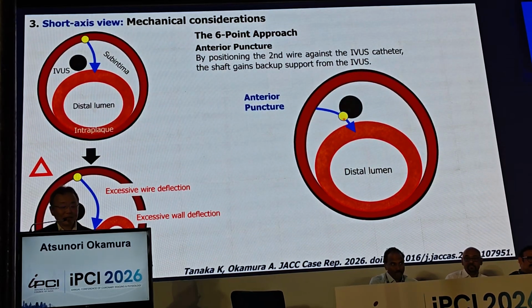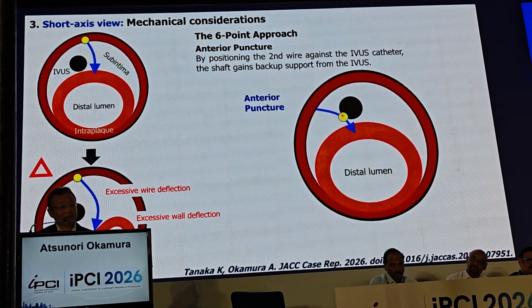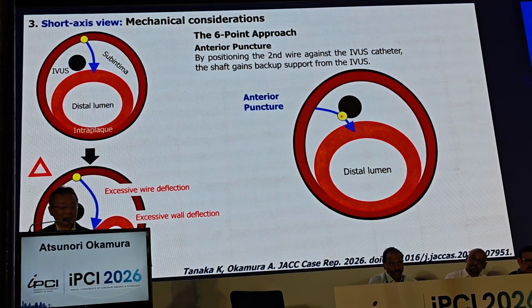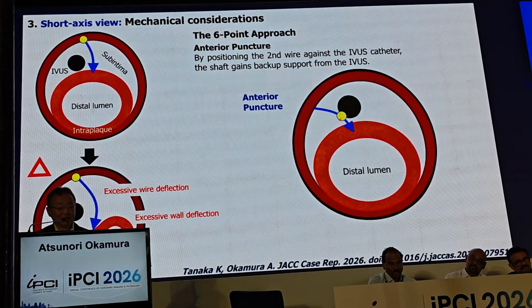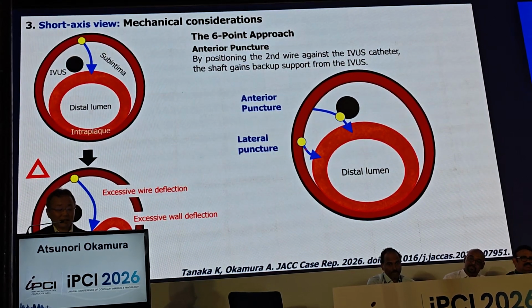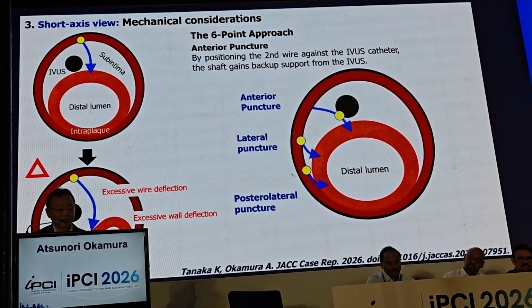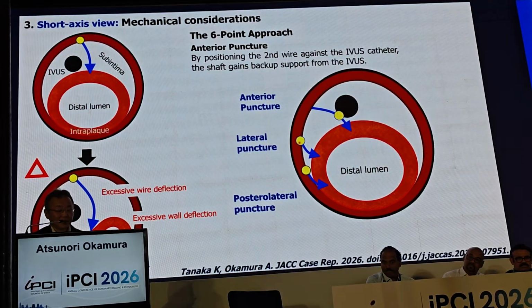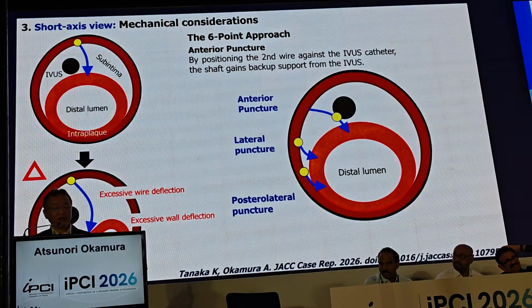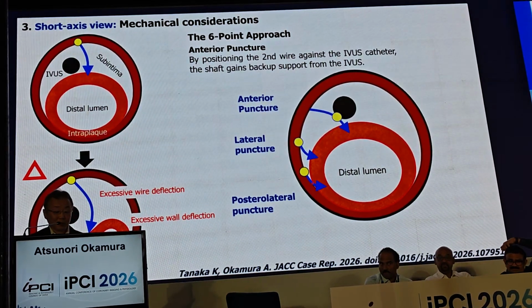First, the IVUS here: you hit the IVUS first, like an intraplaque approach, then penetrate the true lumen. So in this one, the guide wire is not easily bent because it is supported by the IVUS. The next ones are the lateral puncture and the posterior lateral puncture. The advantage is that the distance from here to here is shorter compared to here. The guide wire is not easily deflected in both of them.